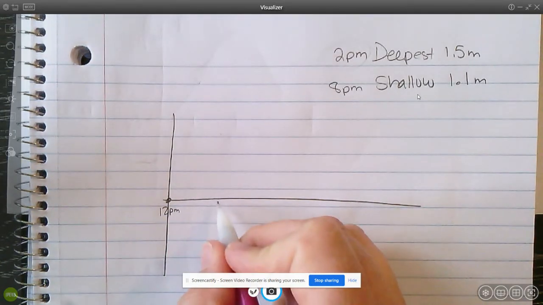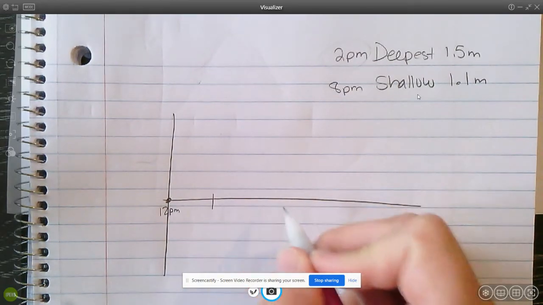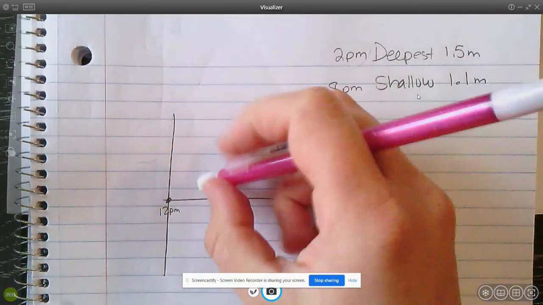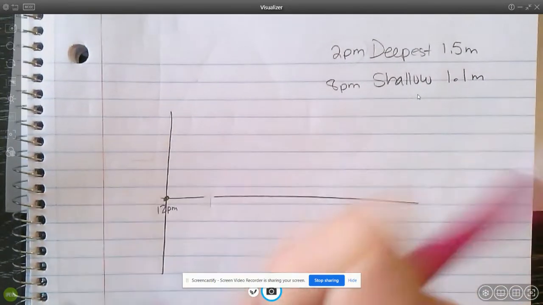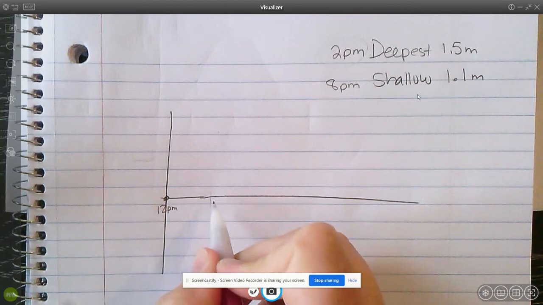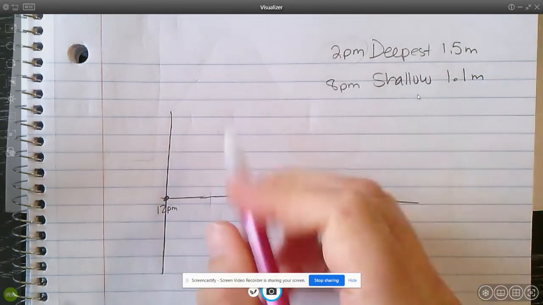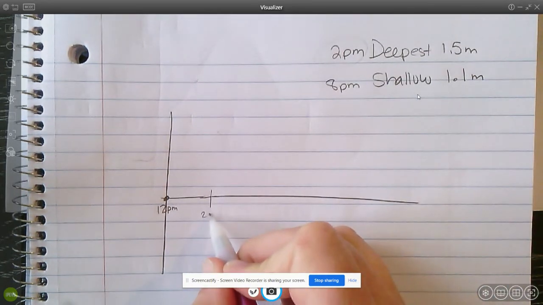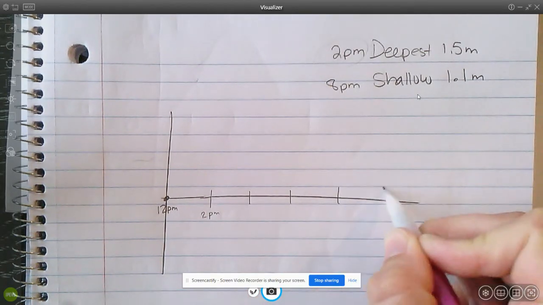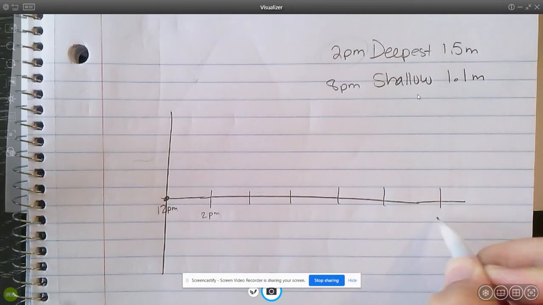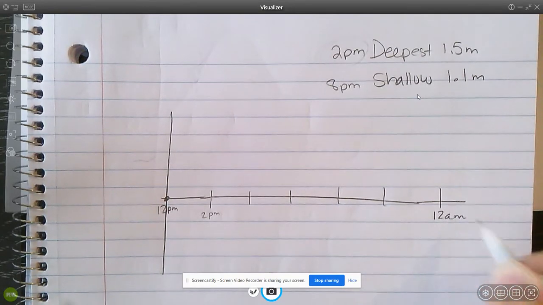And then we have 2 o'clock. It's the deepest at 2 p.m. So let's say this is 2 p.m., 2, 4, 6, 8, 10, and back to midnight. So this is 12 a.m.